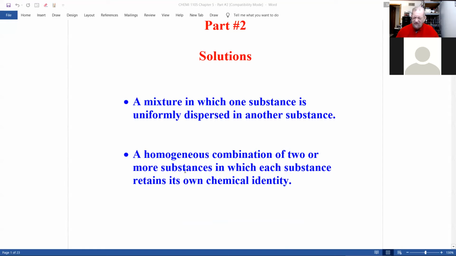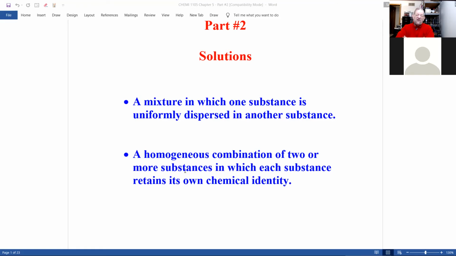Another way, which I like, which is why I put the second one, first one's from your book: a solution is a homogeneous combination of 2 or more substances in which each substance retains its own chemical identity. Now, in case you forgot, homogeneous means the same throughout.